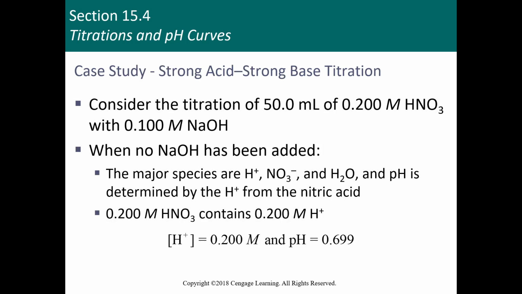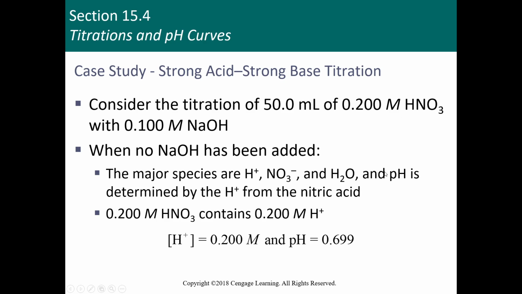So let's go ahead and do a little case study. Let's consider the titration of 50 milliliters of 0.2 molarity HNO3 with 0.1 molarity NaOH. When you have added no NaOH yet, the major species are the H plus, the NO3 minus, and the water.